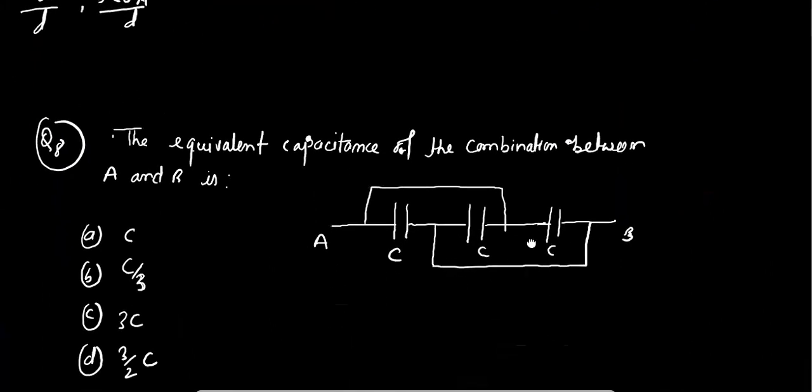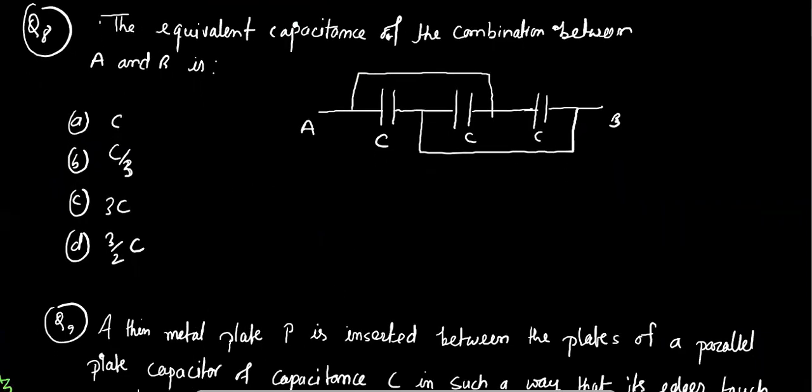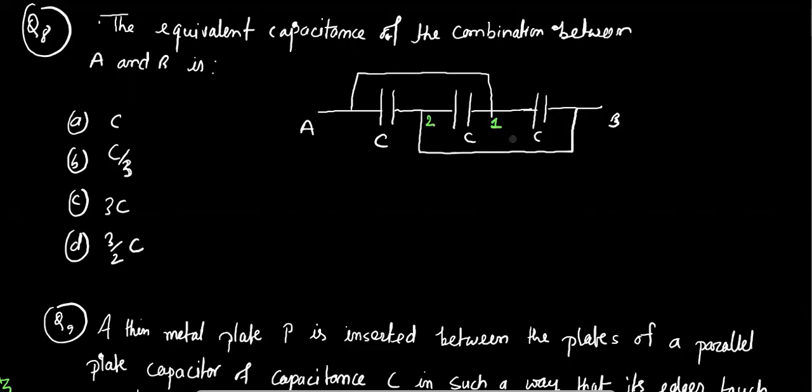Okay, now we are going to solve question number 8, the equivalent capacitance of the combination between A and B. So suppose this is point 1 and this is point 2, and I'm going to take this capacitor here. This capacitor is C, and this is point 1.